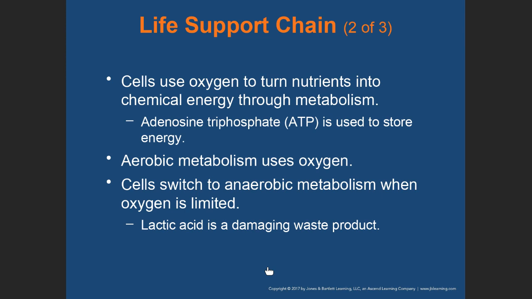And once oxygen is involved in metabolism, it is referred to as aerobic metabolism. Now, cells will switch to anaerobic metabolism when there is no oxygen available. And a byproduct of that is going to be lactic acid, which is a damaging waste product. So if the body starts to produce lactic acid, it can damage the cells in the body.